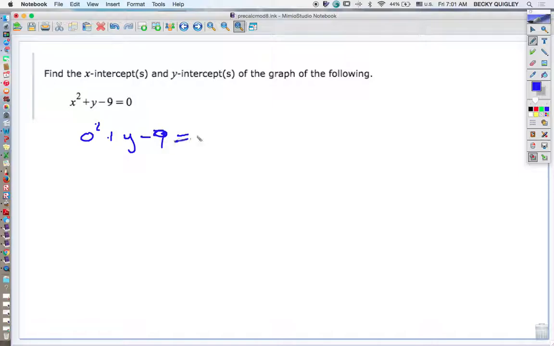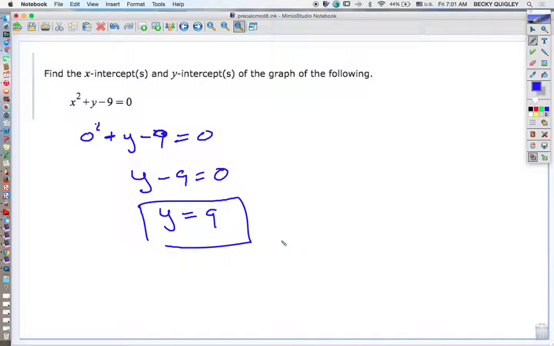That gives us y minus 9 equals 0, y equals 9. So let's write it as an ordered pair, not as an equation. Sorry about that. So the ordered pair (0, 9) is on the graph.